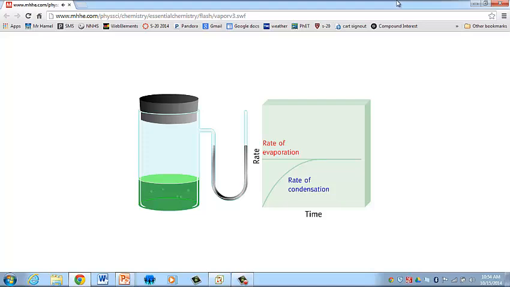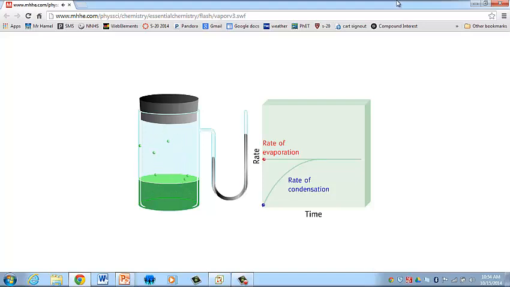This is an apparatus for measuring the vapor pressure of a liquid at a given temperature. The U-tube attached to the flask contains liquid mercury, which is used to measure a change in pressure. What happens at the molecular level during evaporation? In the beginning, the traffic is only one way. Molecules are moving from the liquid to the empty space. Soon, the molecules in the space above the liquid establish a vapor phase.